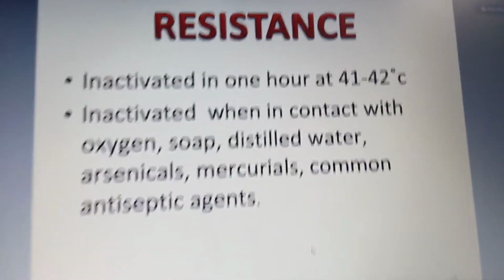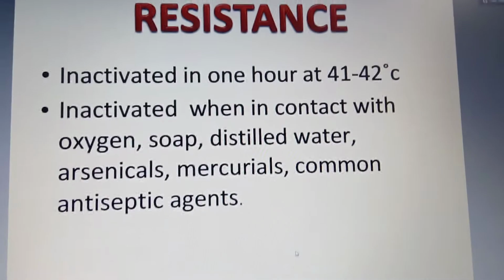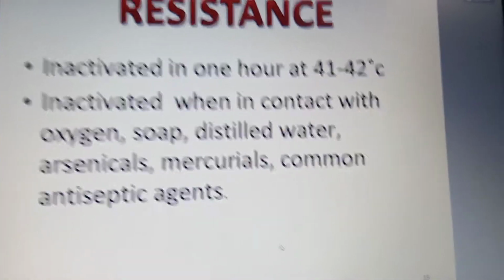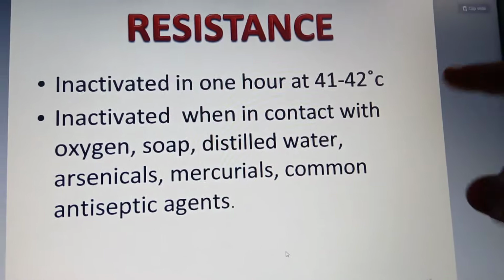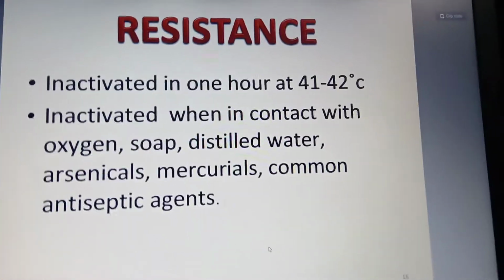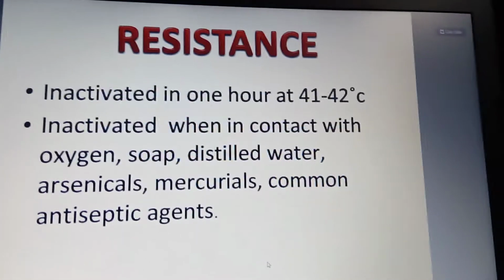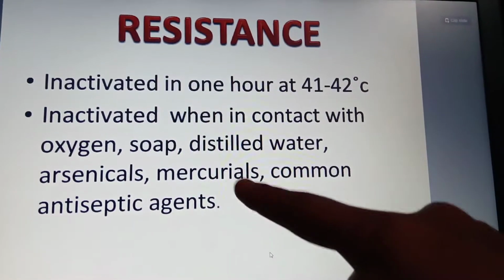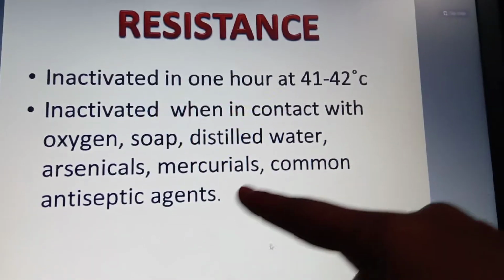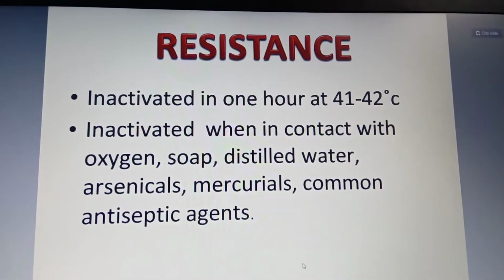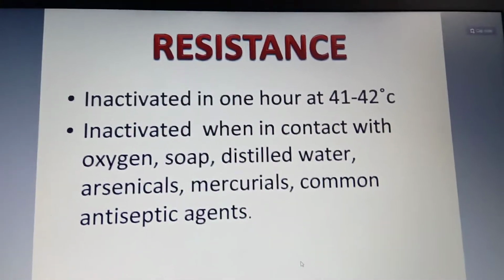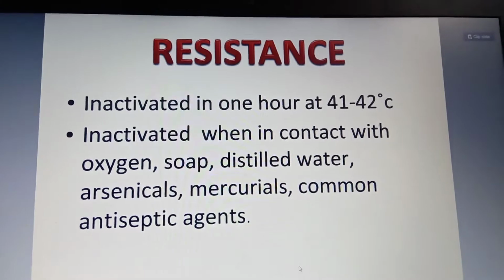And resistance means how long the bacteria can stay alive. It is inactivated in 1 hour at 41 to 42 degrees centigrade. With soap, oxygen, distilled water, arsenic, mercury and common antiseptic agents, the syphilis organism Treponema pallidum dies faster.